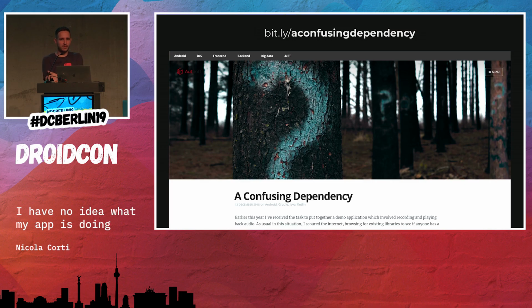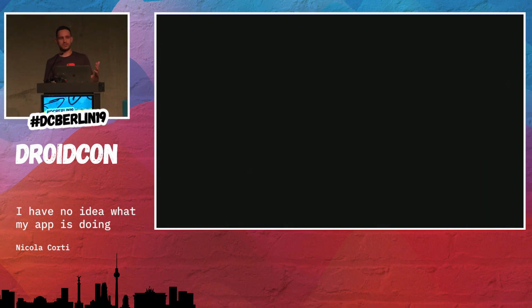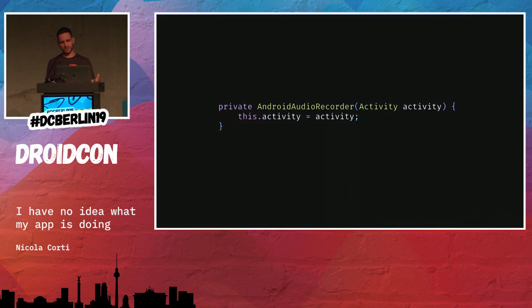That's the link to the original blog post that I really invite you to read if you're interested in these kinds of things. The code looked something like this. That's the Android audio recorder library. In the constructor, the library was just saving the instance of the activity, and that was trivial. This was the code that was available on GitHub.